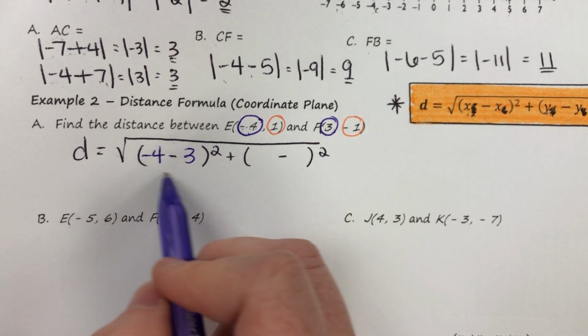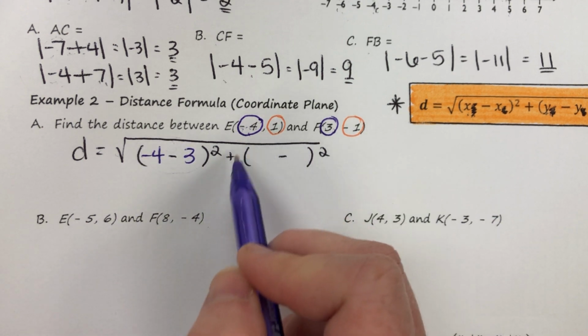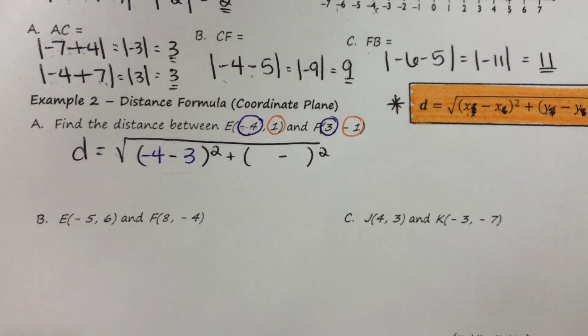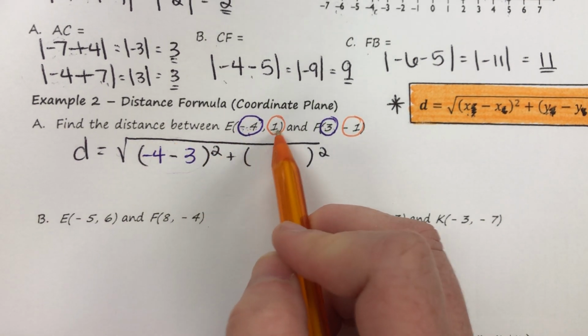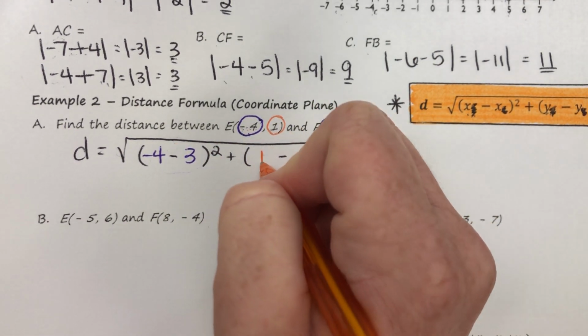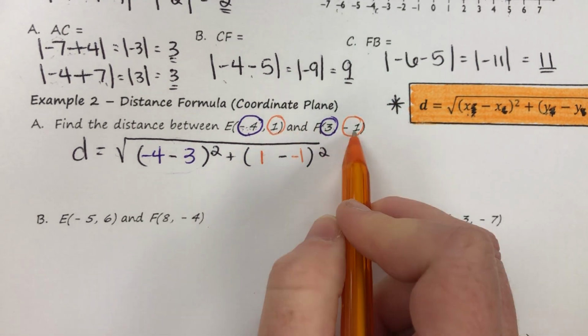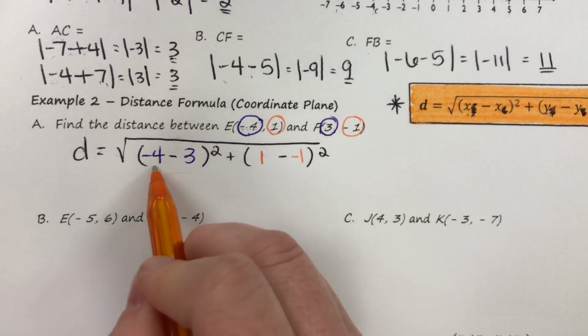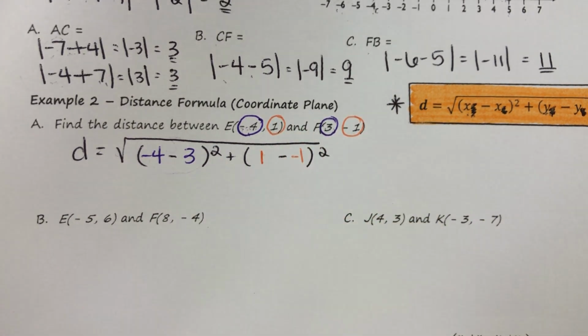But whatever order I use my X's in, I have to use the same order for my Y's. So since I started with -4 first in this part, I have to start with its partner first in the second part. Okay, so I've got a 1 and a -1. So X minus X squared plus Y minus Y squared in the same order.